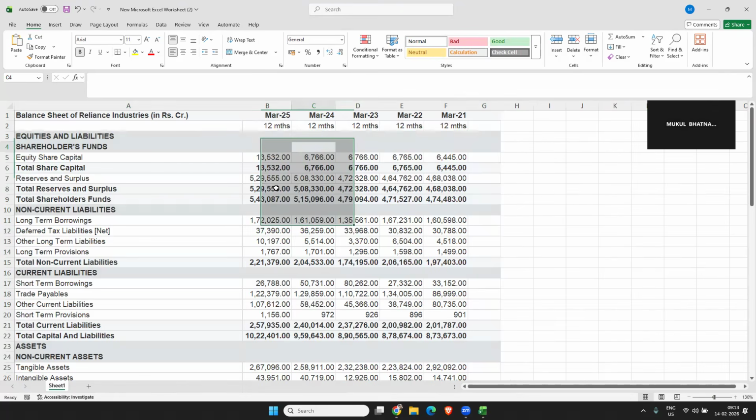Now again, like we have done in the previous class, it needs to be arranged in ascending order. It means March 2021 will come in the beginning and 2025 will come in the last. So let me arrange it.